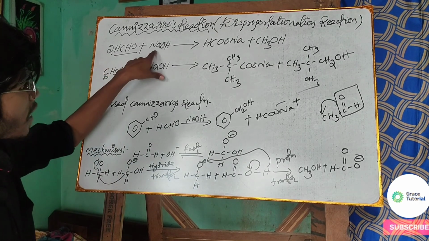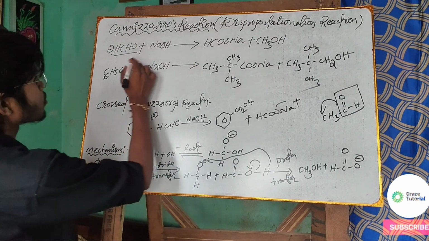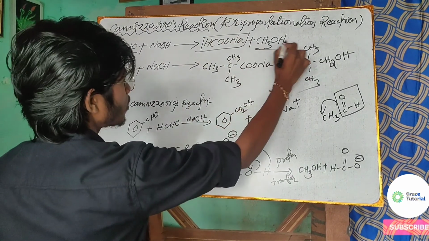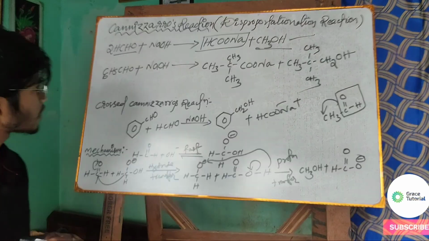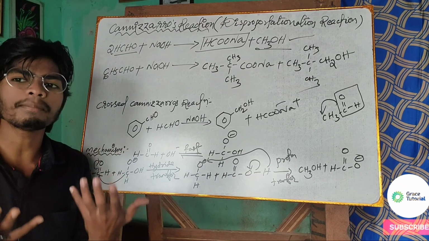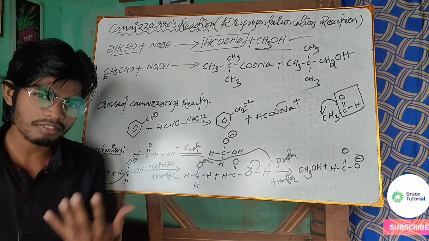So formaldehyde reacts with NaOH, and finally it gives HCOONa, that is sodium formate, along with methyl alcohol. Similarly, benzaldehyde is also a compound which does not possess an alpha hydrogen atom.